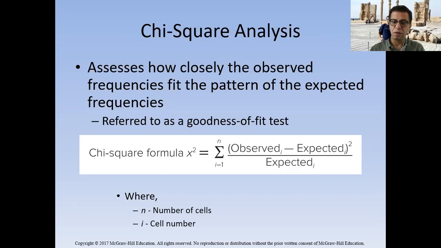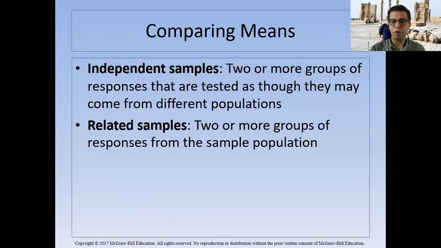That's what the chi-square is. You can do the calculation for it, but it's usually done for more than one variable, and this is where you do a comparison of means. And if you have two or more groups of respondents that are tested, they may come from a different population.